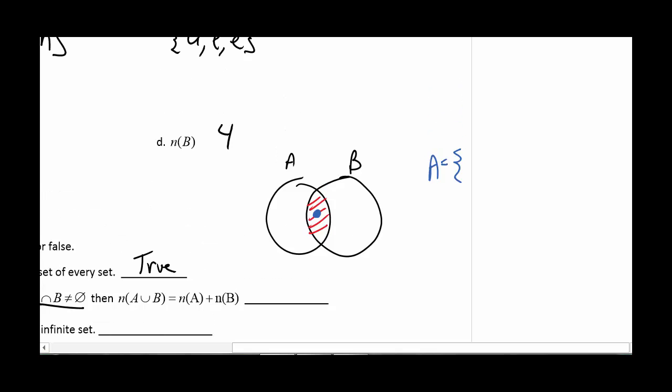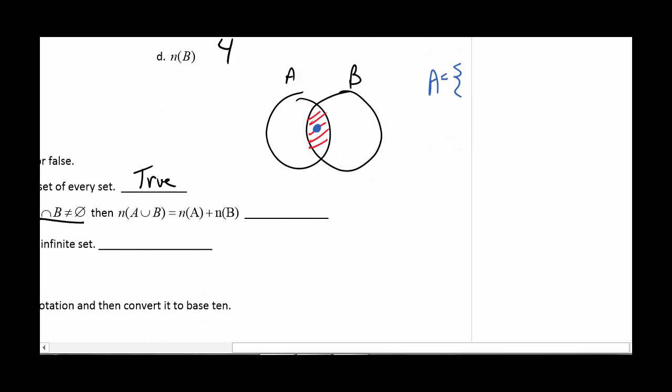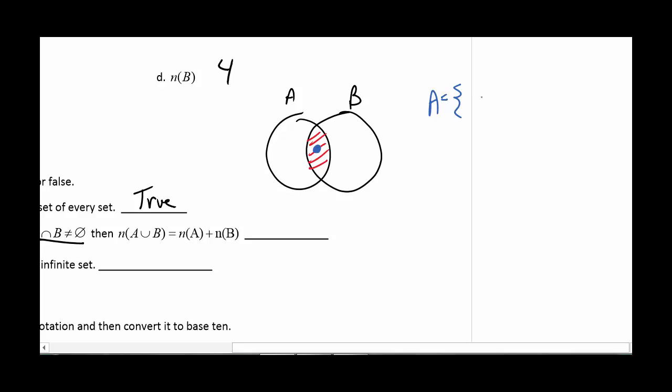I was going to use the original sets that we had up there, but let's just do 1, 2, and 3. It's clearly a finite set. And let's do 3, 4, 5, and 6. Okay, so I need to have an overlap of some type between them, and I can see that the number 3 is in both sets.